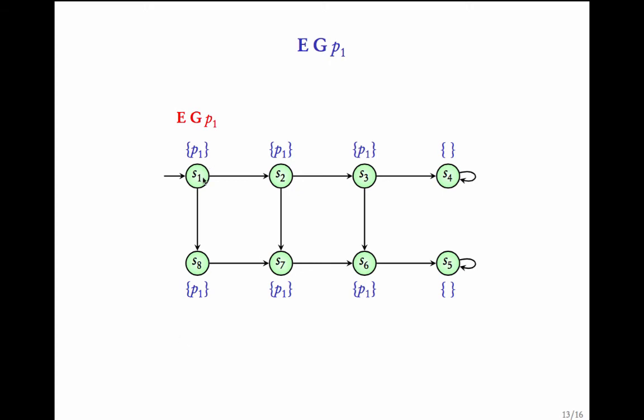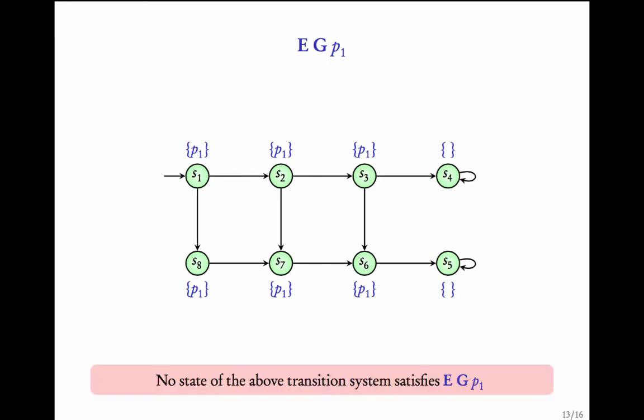Finally, look at this state. All transitions out of it lead to a state where EGP1 is not marked, so EGP1 has to be removed here as well. In fact, no state in this transition system satisfies EGP1.